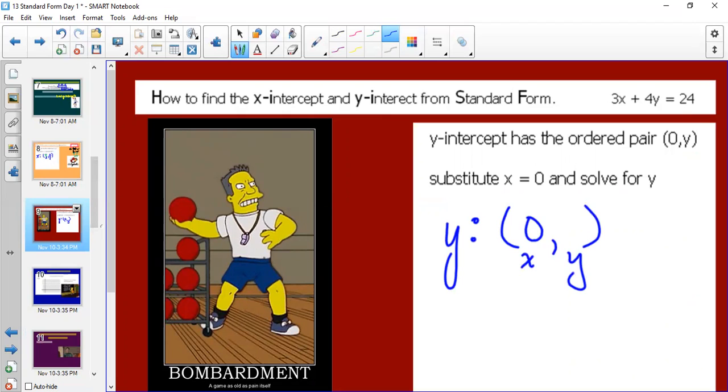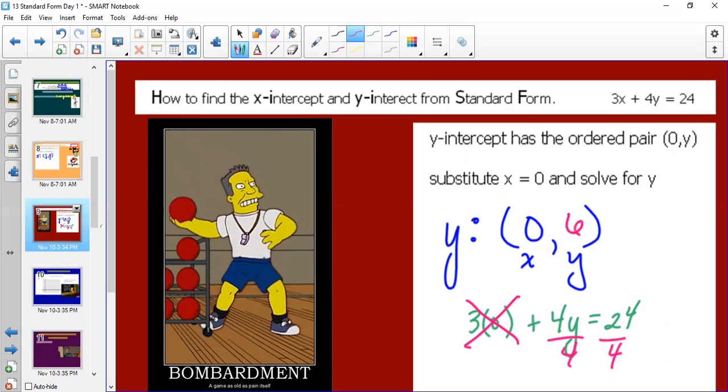If you're finding your y-intercept, we want the x to go away. I only want y in the end. So I'm going to take my x out and put a 0. A lot of people won't show this step because they know that the x term and its coefficient are just going to go away. They could do this problem in their head, divide by 4. And our y-intercept here is going to be 6.